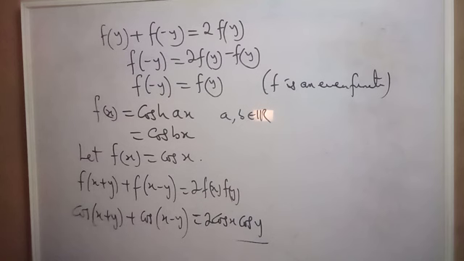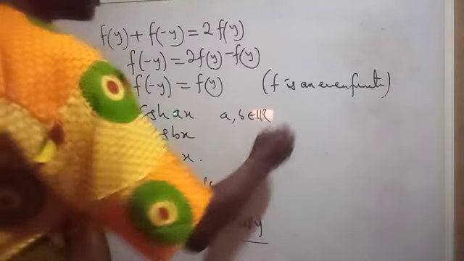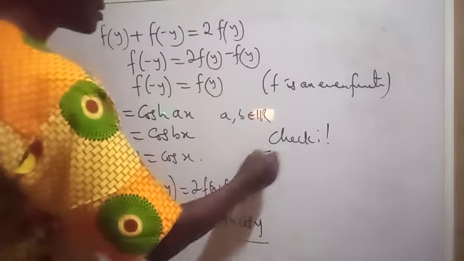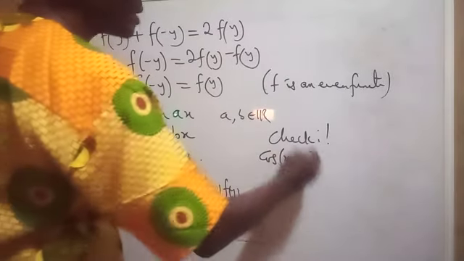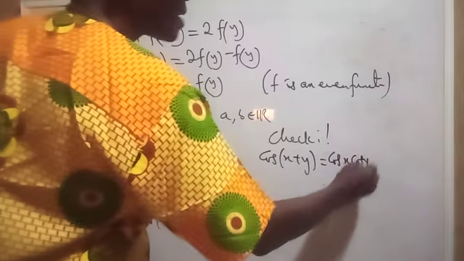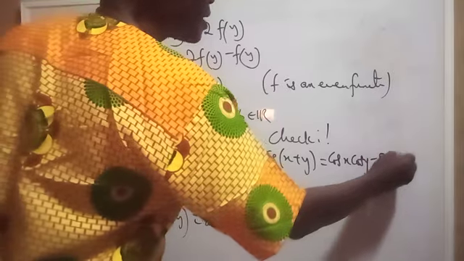If you look at this holistically, you observe that this function is generated from the addition angle formula. Cos of x plus y is equal to cos x cos y minus sin x sin y. Let's call this equation 1.